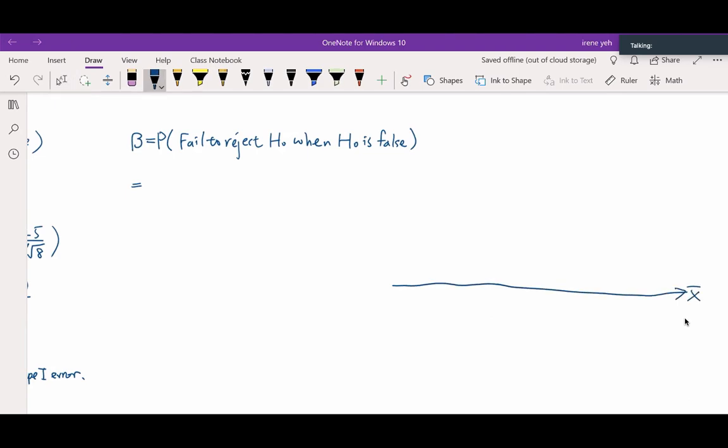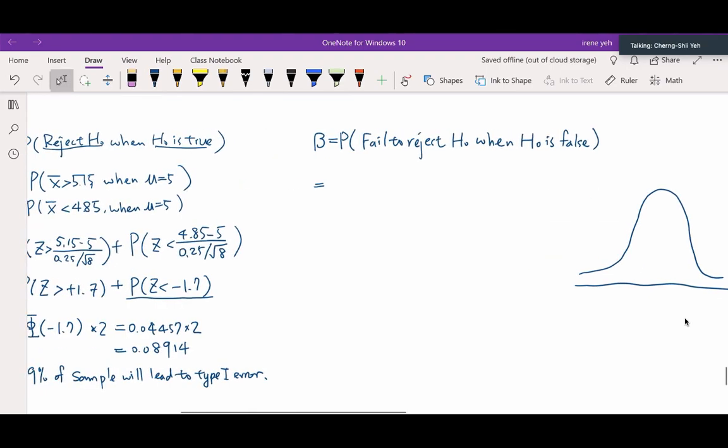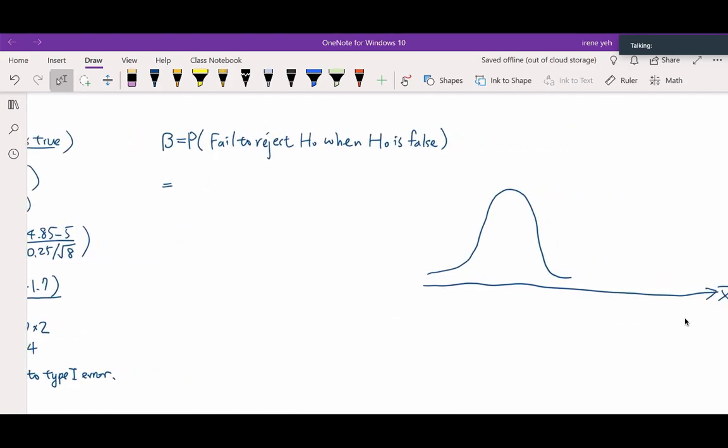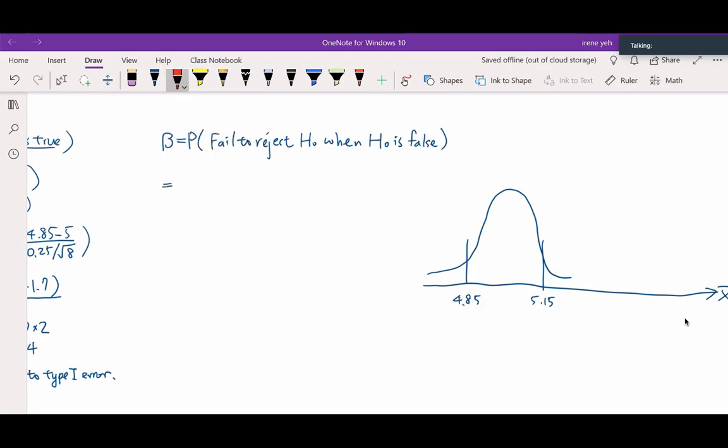This is my sample average. I'm going to use question A's acceptance area. Acceptance area is 4.85 to 5.15. And where's 5.1? 5.1 is so close to it, right?